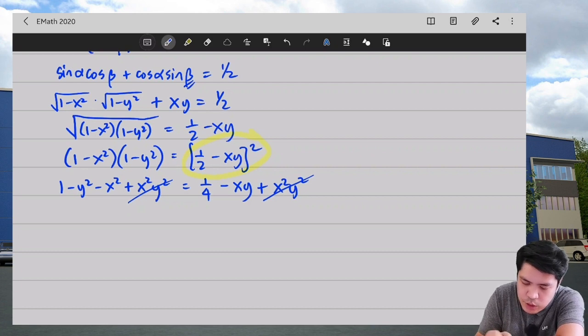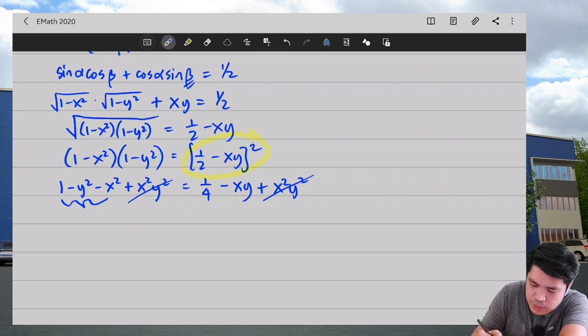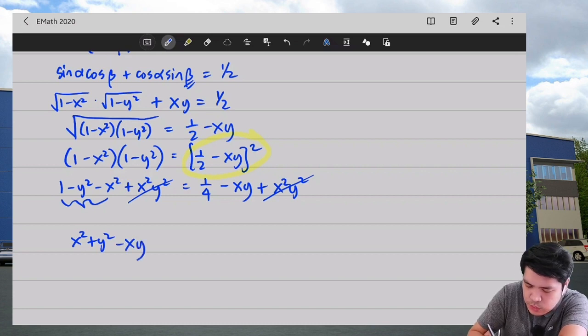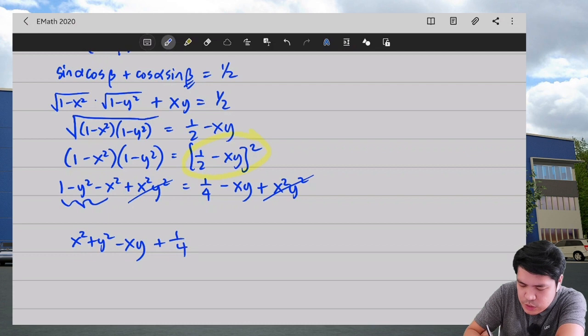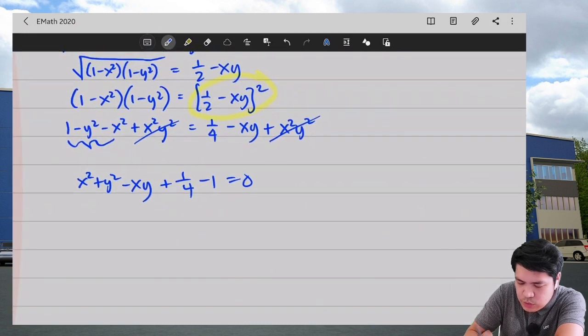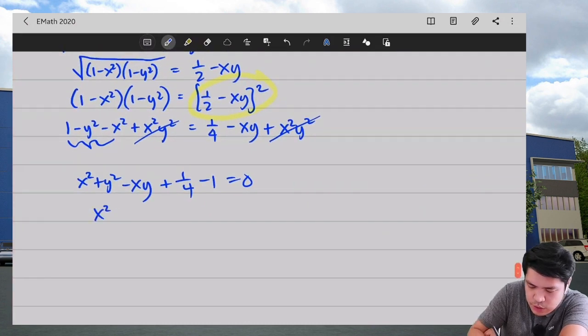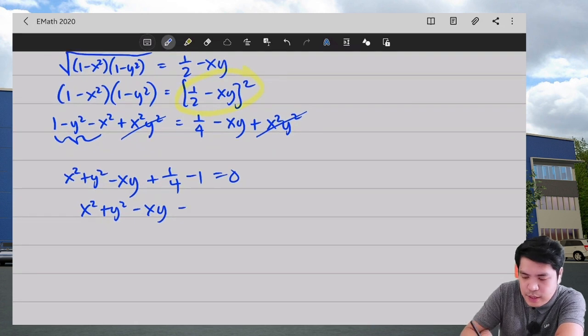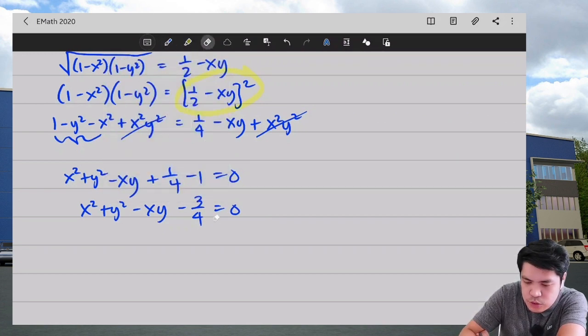How about if we transpose this all to the other side and flip? So what will happen? That will become x squared plus y squared minus xy plus 1/4 minus 1 equal to 0. So simplify na lang to. So x squared plus y squared minus xy. So 1/4 minus 1, it's negative 3/4. Negative 3/4 equal to 0. Then transpose na lang yung 3/4 to the other side.